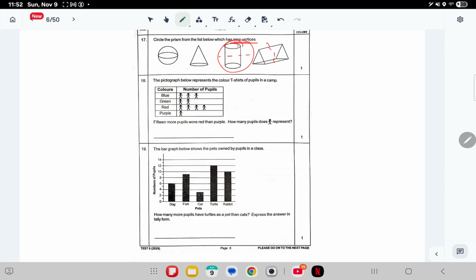The pictograph below represents the color t-shirts of pupils in a camp. 15 more pupils wore red than purple. How many pupils does one of this graphic represent? So red is here, purple is here.